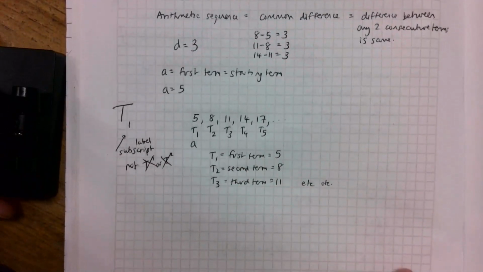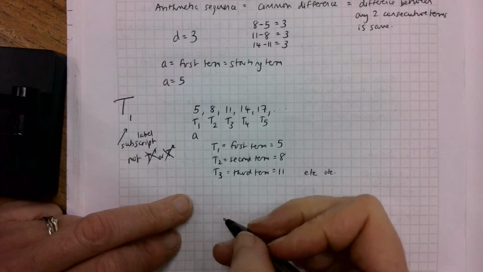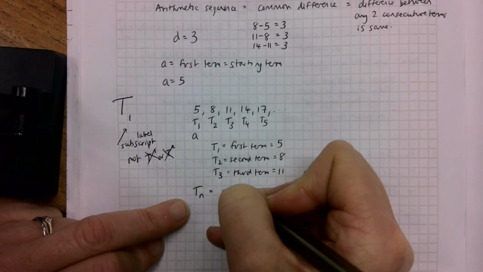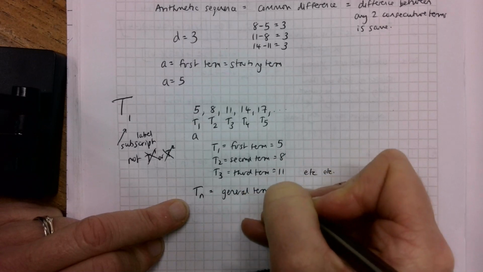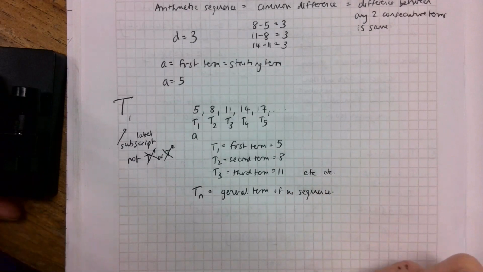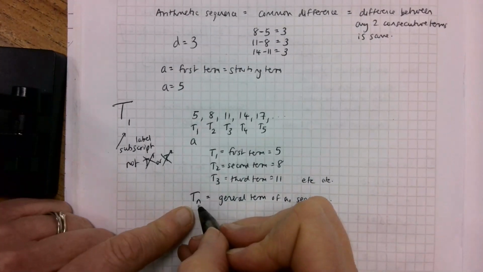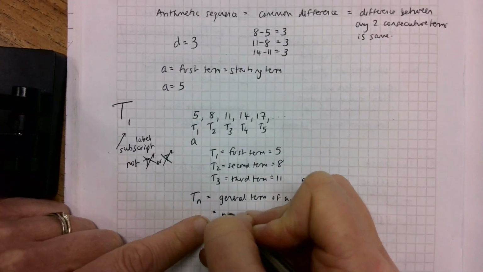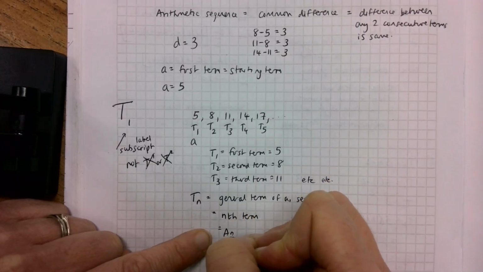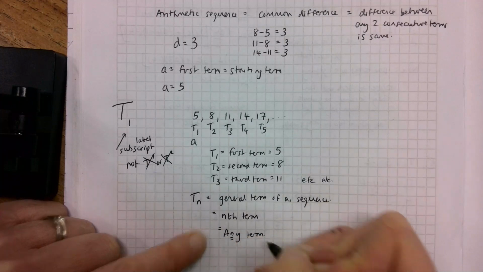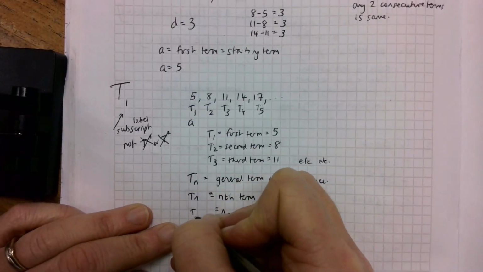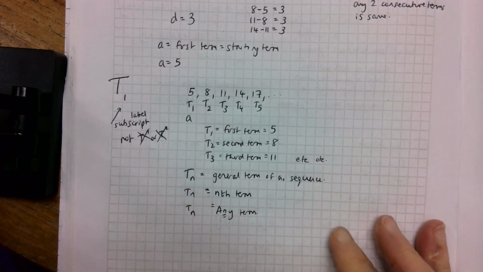Now, there is a T with a little n, which means the general term of a sequence. That little n again is the label. Another name for that is the nth term, and I sometimes call that the any term. So Tn can also be known as the nth term, the general term, or the any term.